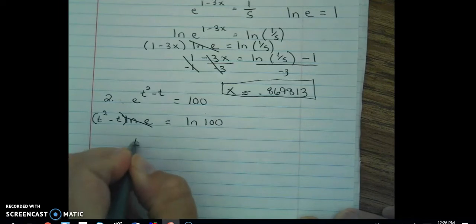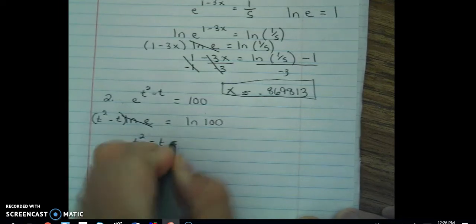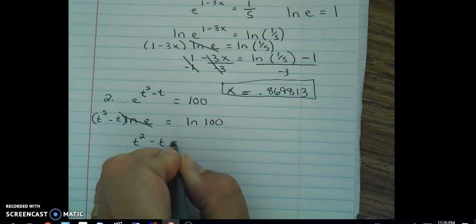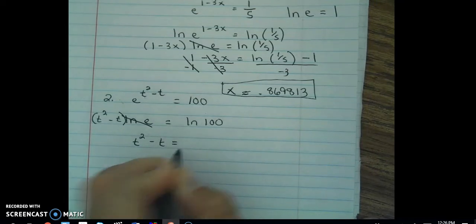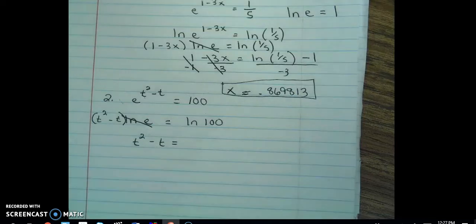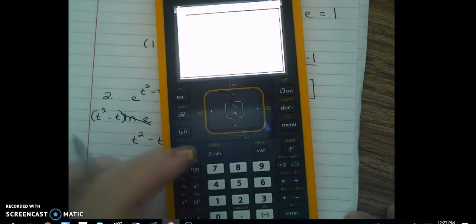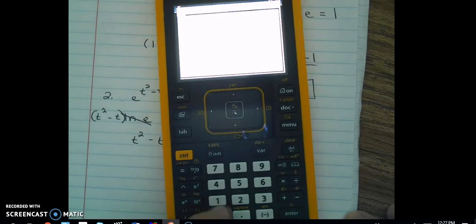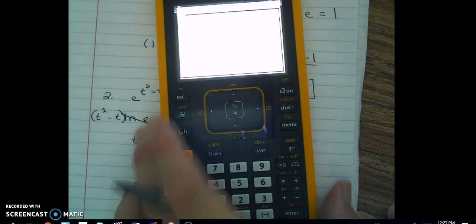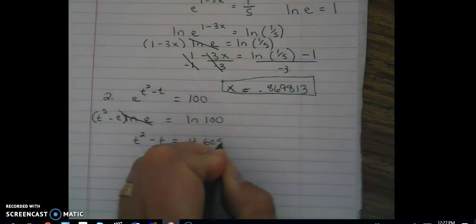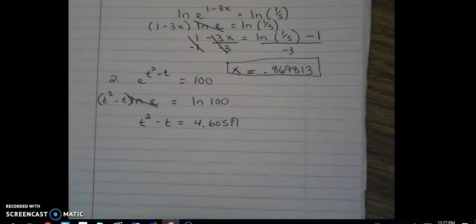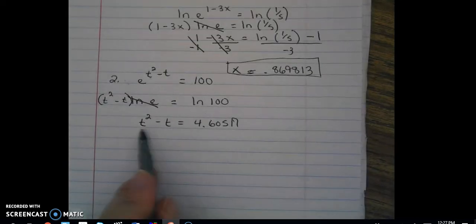So we have t squared minus t equals the natural log of 100, which is approximately 4.60517. So we have a quadratic here.